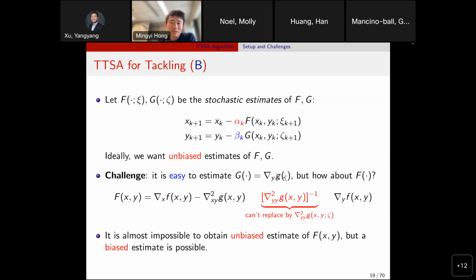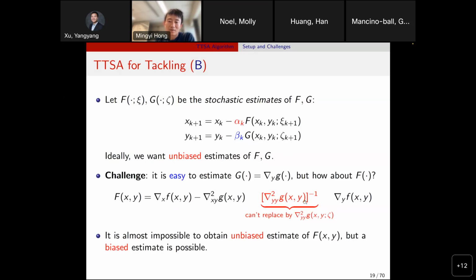If you look at the lower level function, yes, it's unbiased. It's easy because for any fixed x, I can sample a c and then perform an unbiased sample on c. That's easy. This is just a regular stochastic optimization problem. However, for f, if you look at the expression, I can sample this function, I can sample this function, but then this is an inverse.